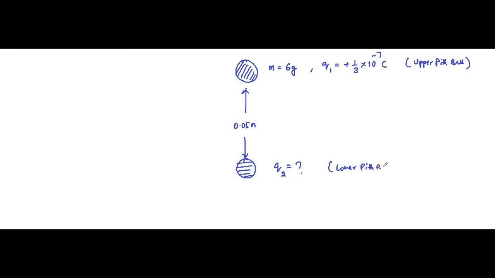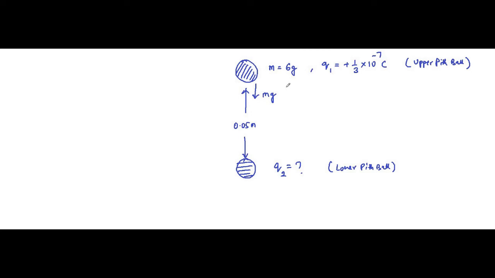Now it has been asked what should be the value of this charge such that this upper pith ball does not fall down under the influence of gravity, because the gravity force will act on this downwards, which is equal to mg because of its mass.